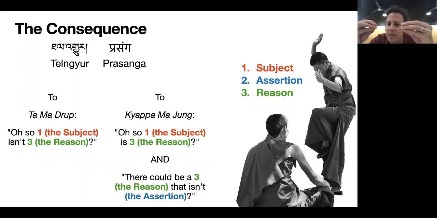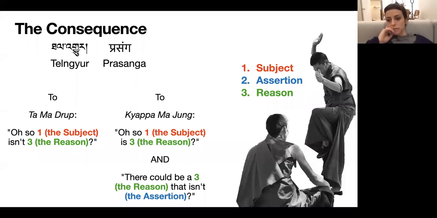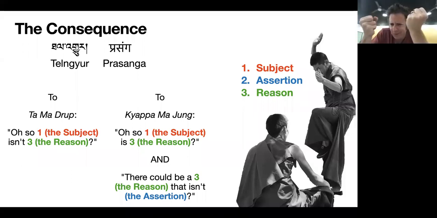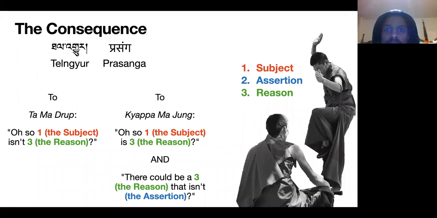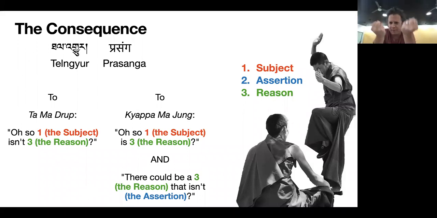Start your reason with because they, not because you. Your subject is your future enlightened self. But now you've made a new subject for the reason, which is you that isn't enlightened. They aren't here because you're not enlightened. You have 2 different subjects. But you can make it work.